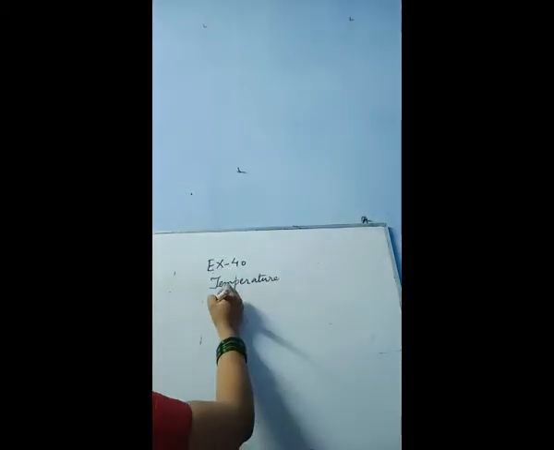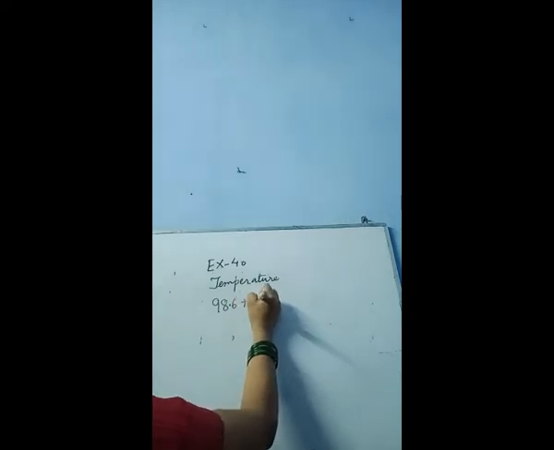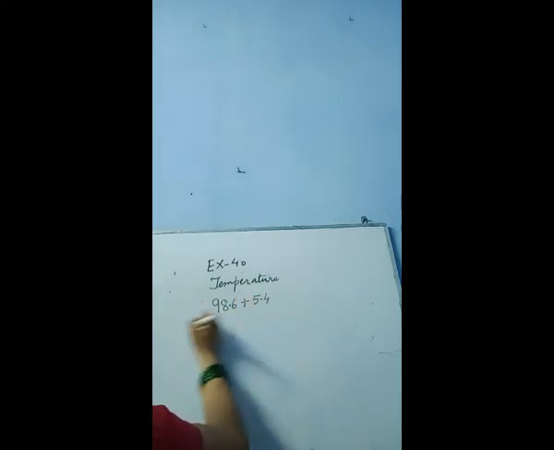The normal temperature is 98.6 degree Fahrenheit, and 5.4 degree above means we have to add 5.4 to the normal temperature, 98.6. Add 5.4 to this.